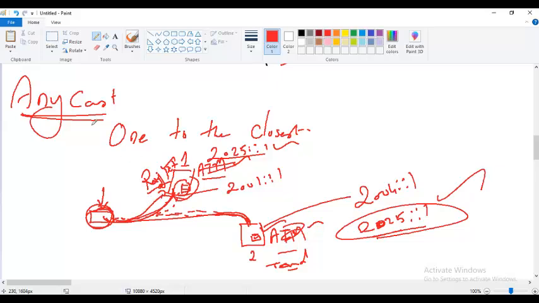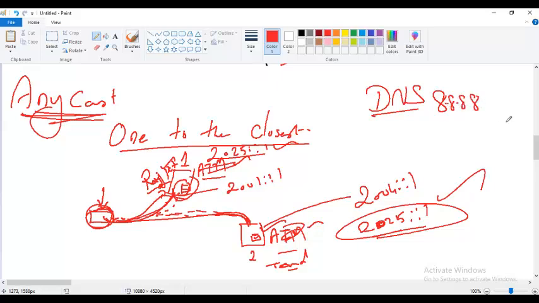For example, DNS, domain name server, no? Google's domain name service 8.8.8.8. With this same IP address, many DNS servers are around the world. So if you are in Chennai, you will be going to the DNS which is closest to Chennai. If I am in Bangalore, I will be going to the nearest DNS.